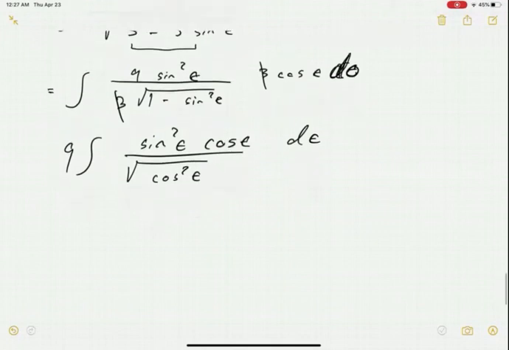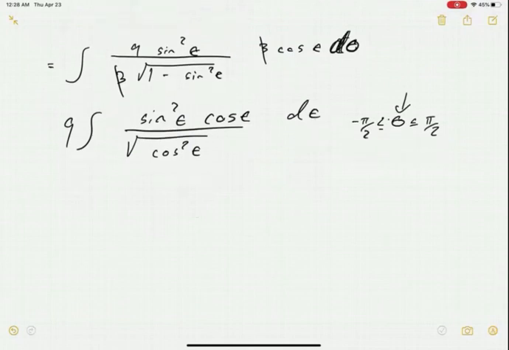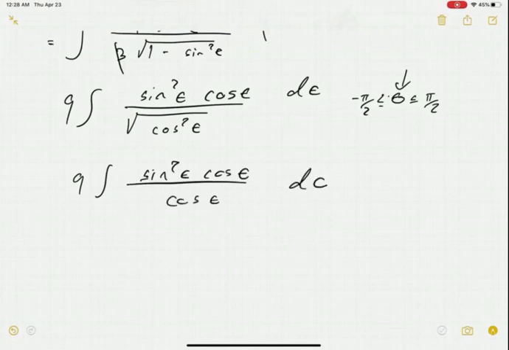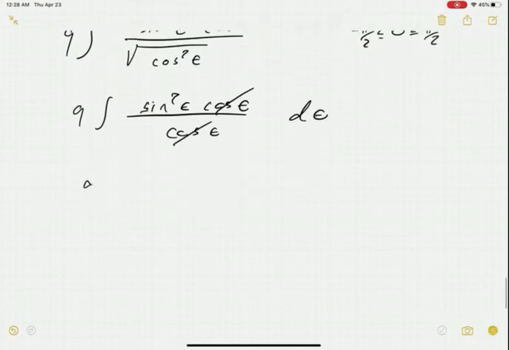And this is really the only place it's important that theta is between negative pi over 2 and pi over 2. When theta is in this range, the square root of cosine squared is just cosine. We don't even have to worry about absolute values or anything like that. Okay, so my integral is this. The cosines cancel, and I end up with 9 sine squared theta d theta.